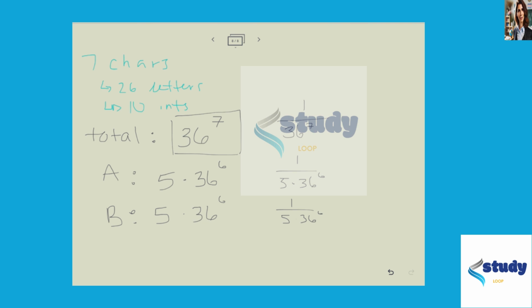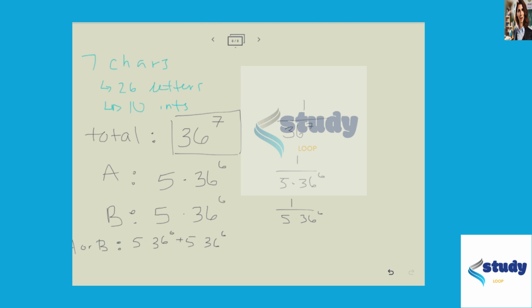Just in case part A was asking about maybe you can only have a password in event A or event B. If you're limited to A or B, then that means the total number would be adding these up. So 5 times 36 to the 6th plus 5 times 36 to the 6th.